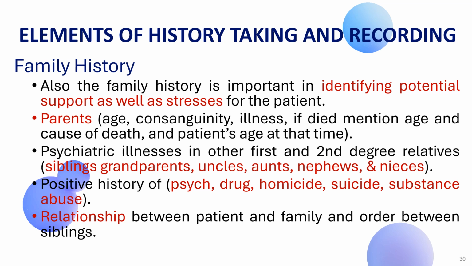Positive history of psychiatric illness, drug abuse, homicide, suicide, substance abuse is also important in the management of the patient and should be noted. Relationship, if any interpersonal conflict with the family members or cordial relationship between the family members, should also be clear cut and defined.